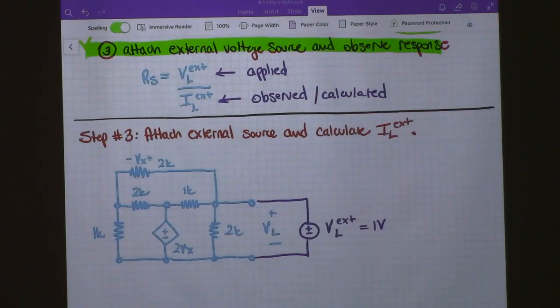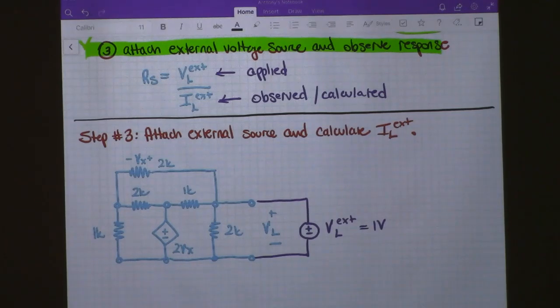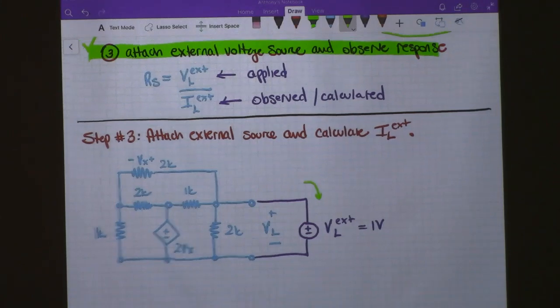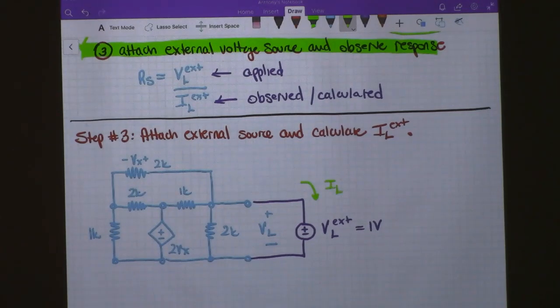You just need to use some value that makes the math easy, hopefully. And we want to calculate what the IL external is. That's what we want.